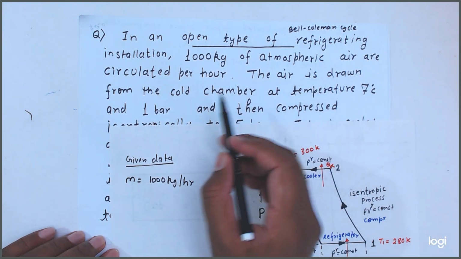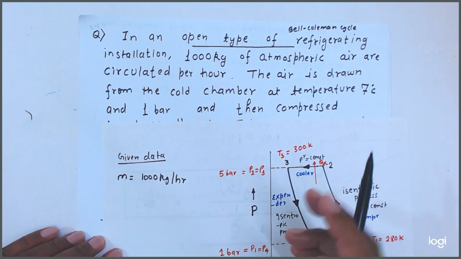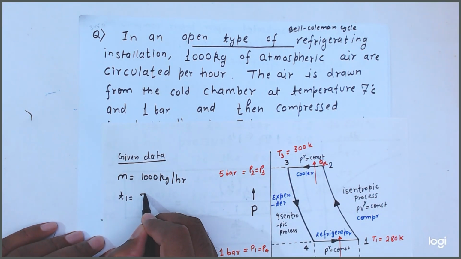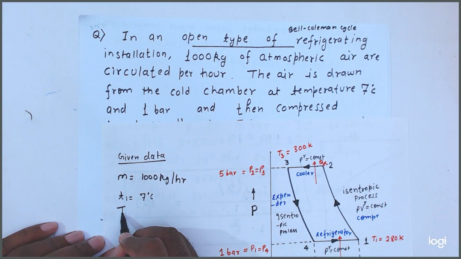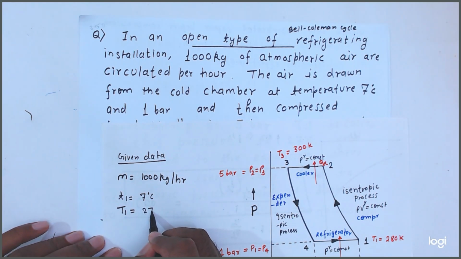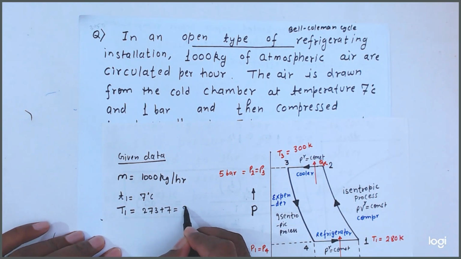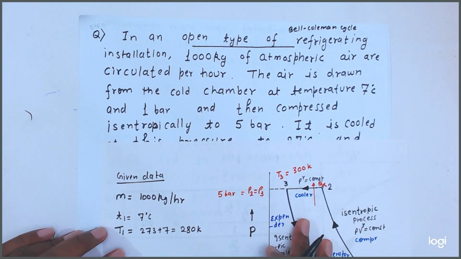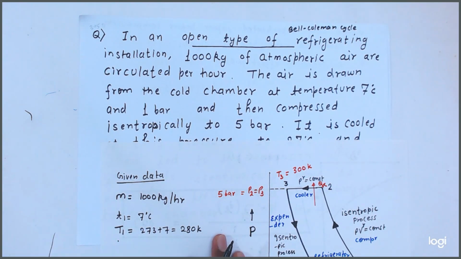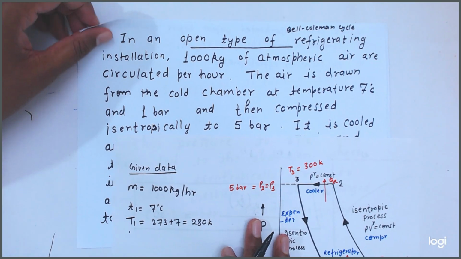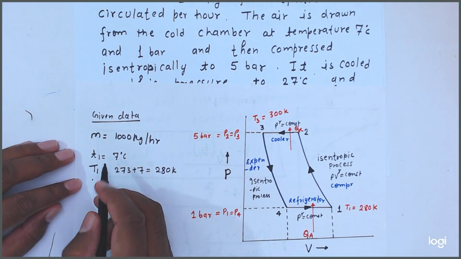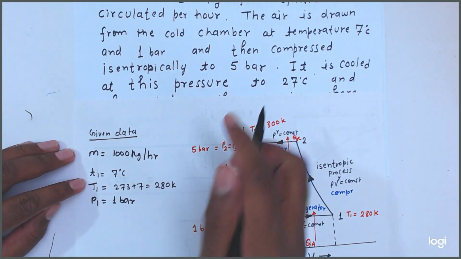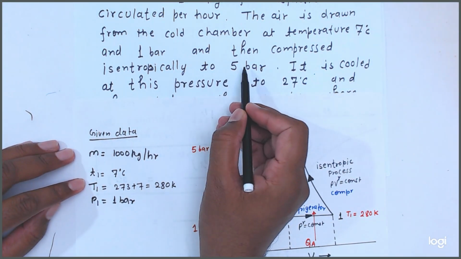The air is drawn from the cold chamber at temperature 7 degrees centigrade. So T1 equal to 7 degrees centigrade, so absolute temperature T1 equal to 273 plus 7 is equal to 280 Kelvin. And 1 bar, so pressure P1 equal to 1 bar, and then compressed isentropically to 5 bar.